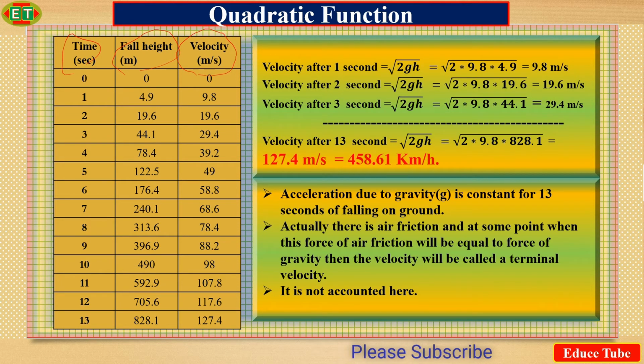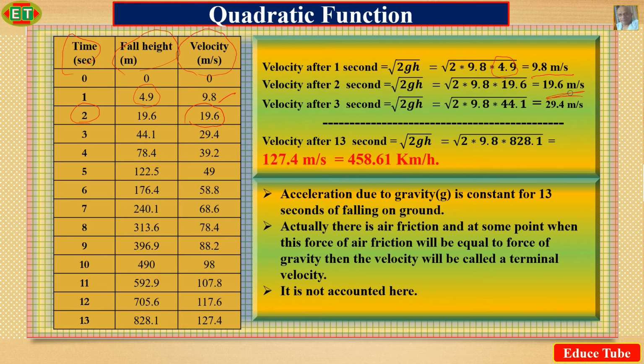Here h is, as I mentioned, the fall height at every second. So if we use after 1 second this 4.9 in this equation, we get 9.8 meter per sec. So velocity is 9.8 meter per sec. After 2, it will be 19.6 meter per sec.